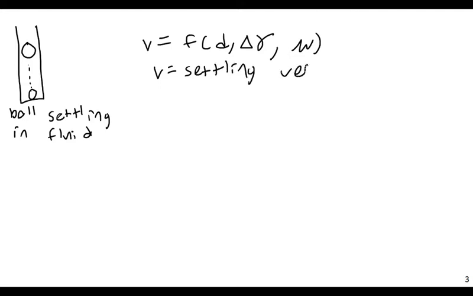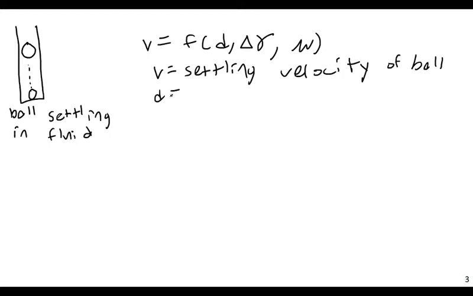So we might say that the final velocity is maybe a function of d. Let's say I determine that it's a function of diameter d, delta gamma, the difference in gamma, and mu. I'll define all these. V being the settling velocity. For a very viscous fluid, it would have a very low terminal velocity.